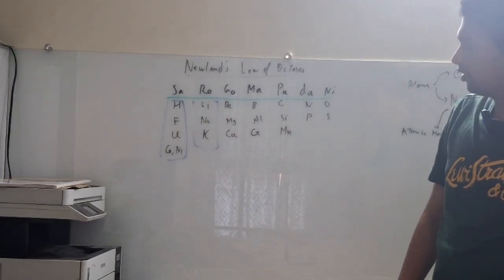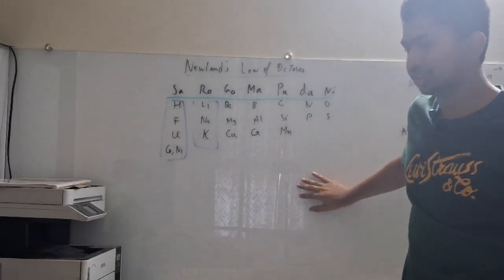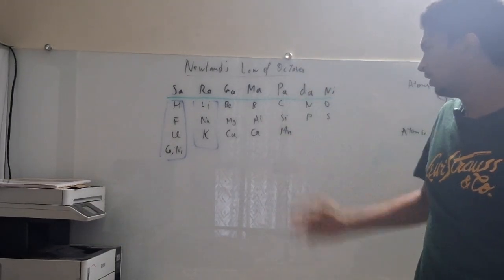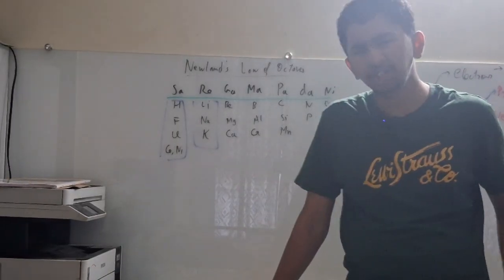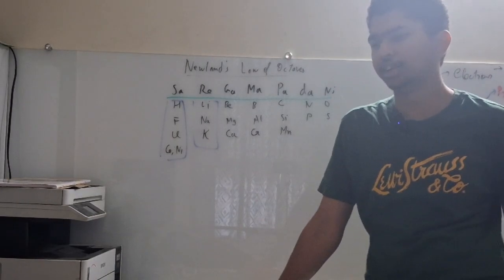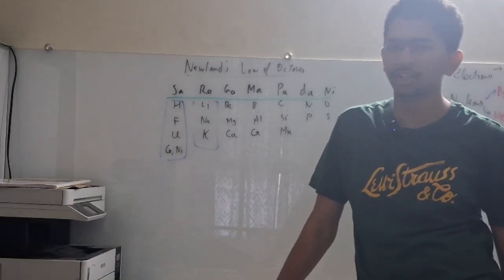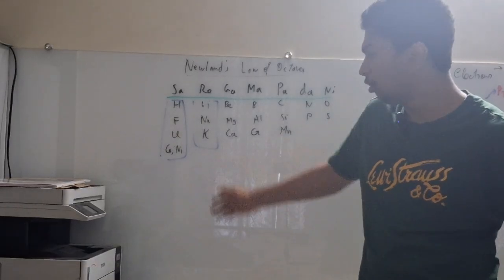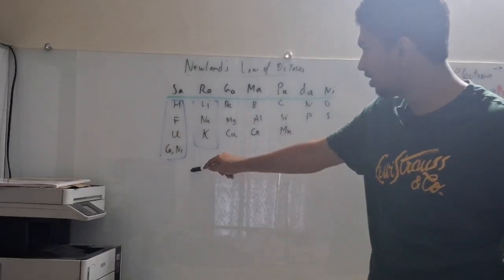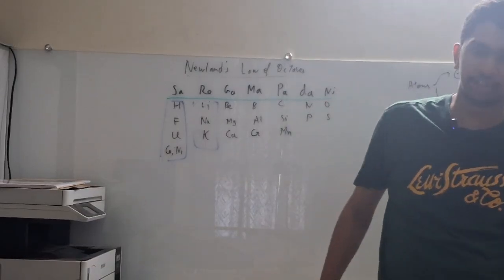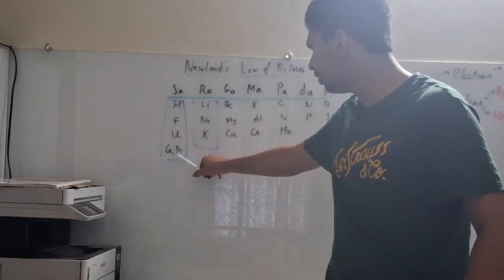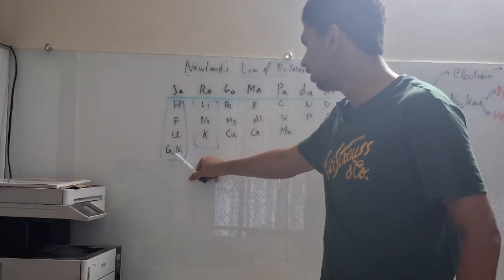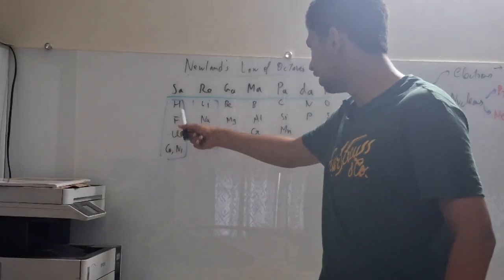The point of this was that one line should have the same properties. These don't have the same properties as this. Cobalt and nickel are on the same spot. Newland did this intentionally in order to fit elements into the list. But it's just wrong, because firstly, cobalt and nickel have different properties amongst themselves, but also they have different properties in comparison to chlorine and fluorine.